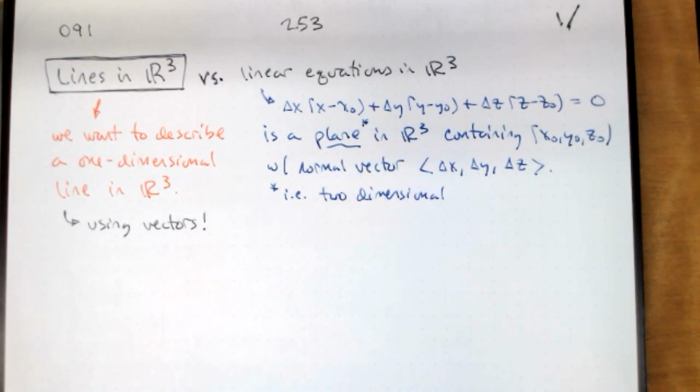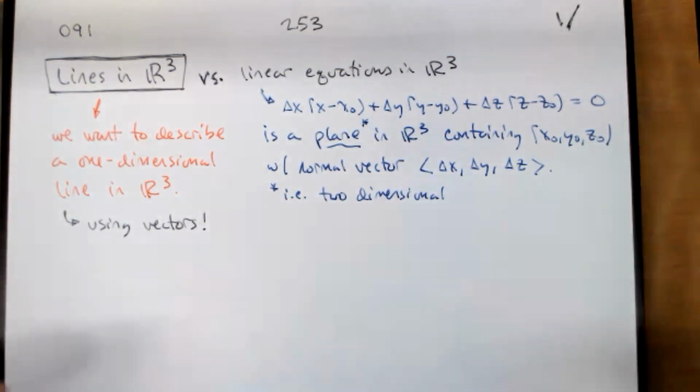So we're going to start by using vectors. We're going to say there can be a line in R3 through a starting vector, and with a direction vector. So I'm just going to write it out.